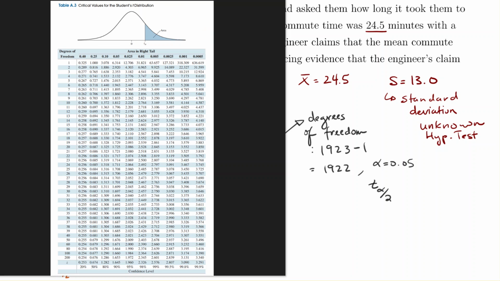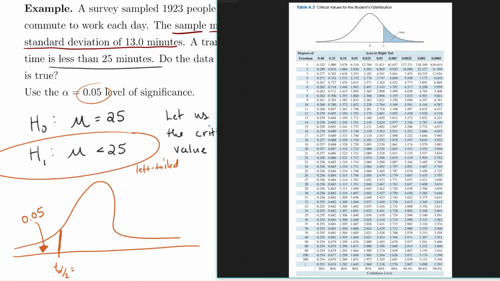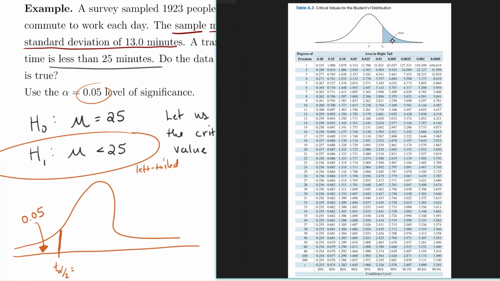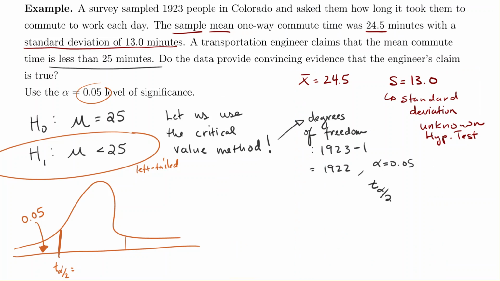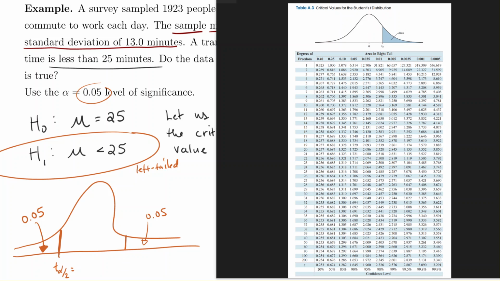Okay. So here, the table right now is showing me area in the right of the tail, but keep in mind area in the right is symmetric to area in the left because our t values are symmetric. This is the negative value, this is the positive. So what matters is if I was looking at the positive t value, the positive version, this would also have an area of 0.05, so I can use this value and just apply a negative to it.